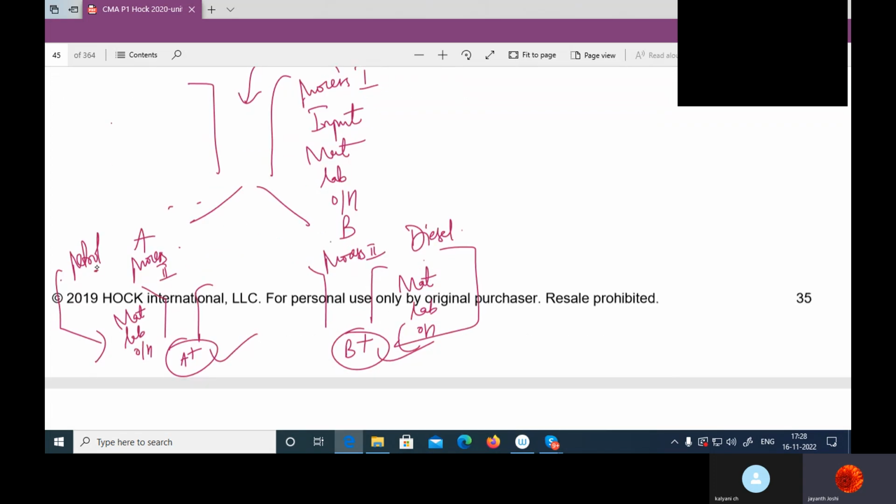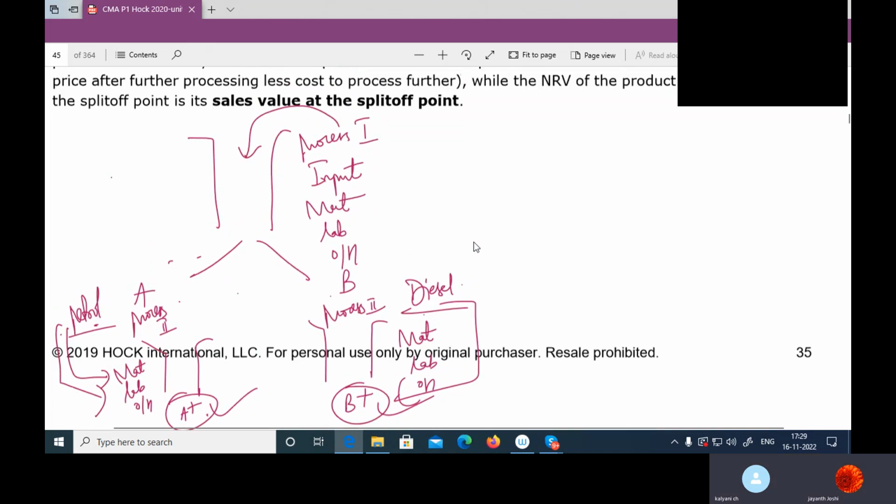You know the cost of petrol and the cost of diesel. These two costs plus labor and overheads will give us the cost of these two products. But how did you get the cost of this petrol and diesel? From the crude oil we get it. There was only one process and two materials. So here the concept of joint cost comes into the picture.